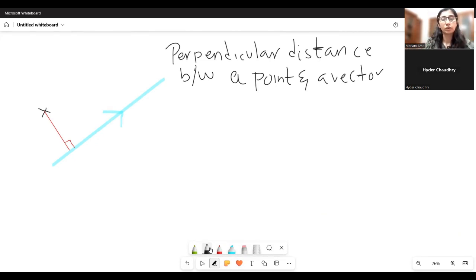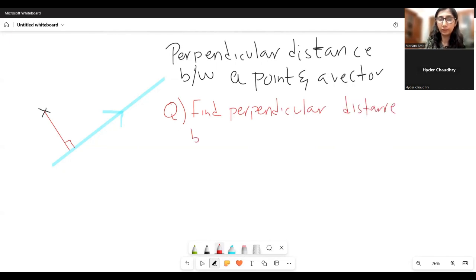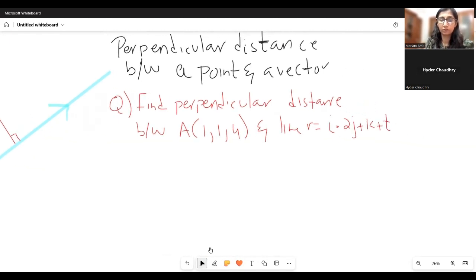So the question is, find the perpendicular distance between a point A (1, 1, 4) and the line r equals i minus 2j plus k plus t times (-2i plus j plus 2k).